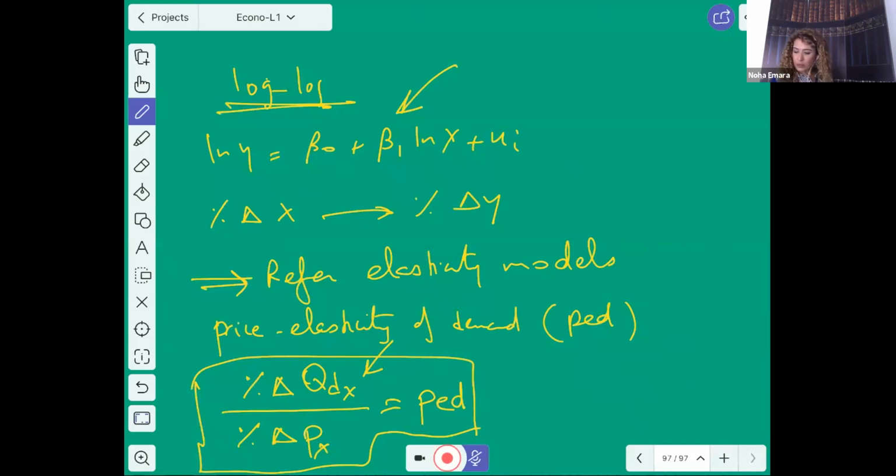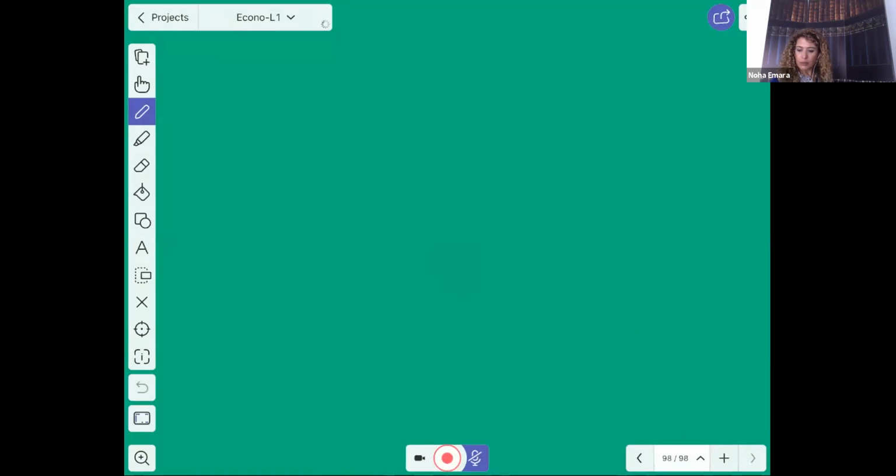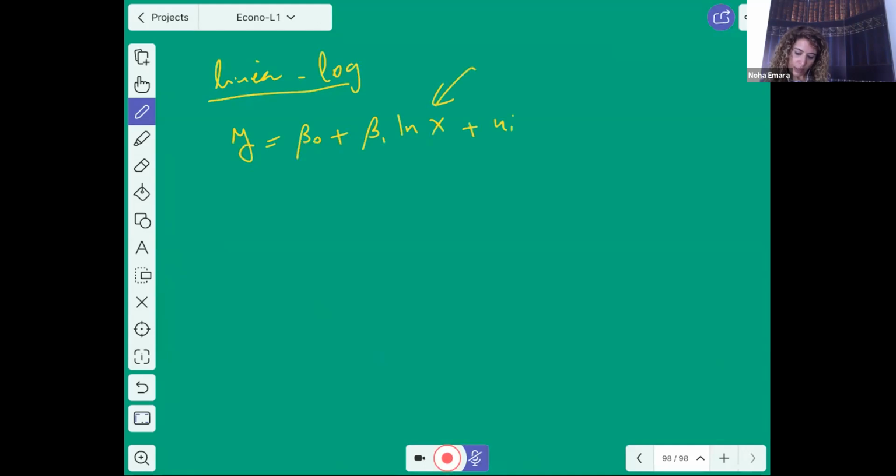Suppose that, let me start with a linear-log. We actually have 4 minutes left. So I'm going to stop with the slide. Suppose the linear-log: y is equal to beta naught plus beta 1 log x plus the error term. Now let's change x. Anytime I change this, it's reflected here, right?